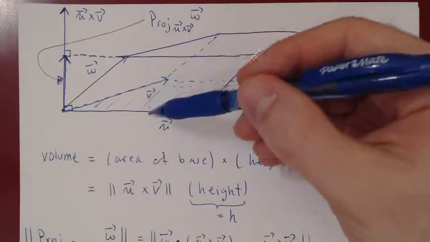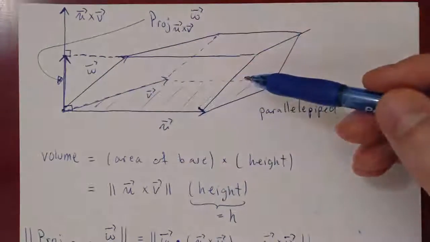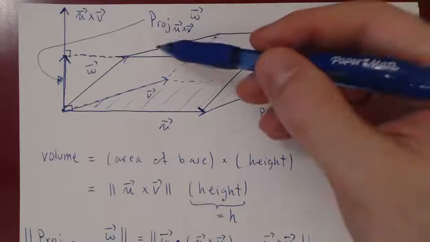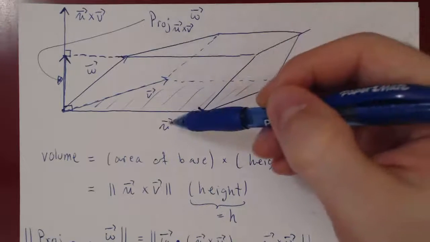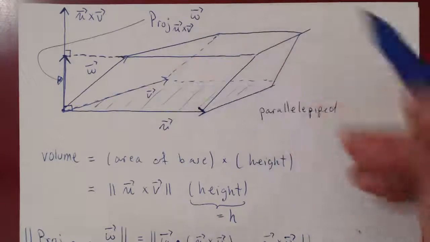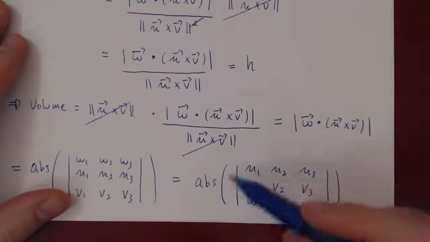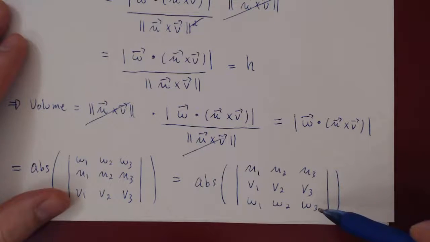So if three vectors are on the same plane, you have no height to your solid, you have a flat surface, hence you have a volume of 0. So the three vectors will be on the same plane if the volume of the solid is 0, but the volume of the solid is an absolute value, the determinant of this matrix.